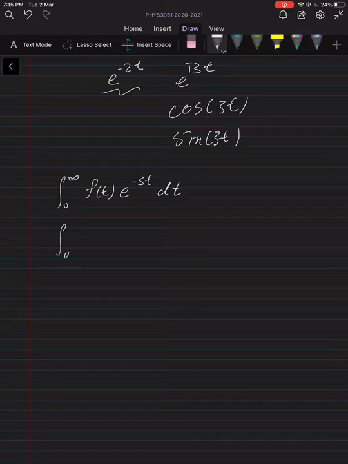For allowing s to be complex, what is really required for the solution to exist is the real part of it.